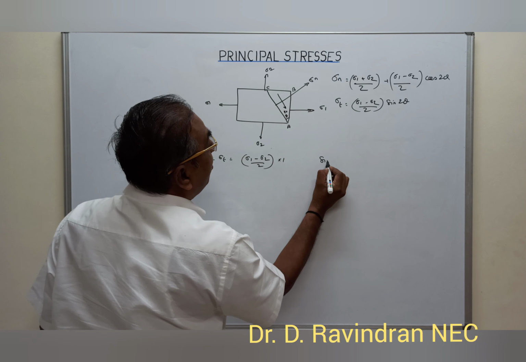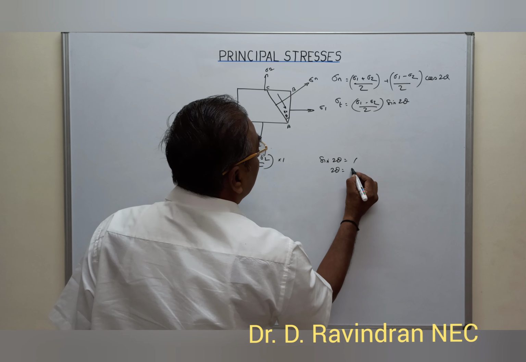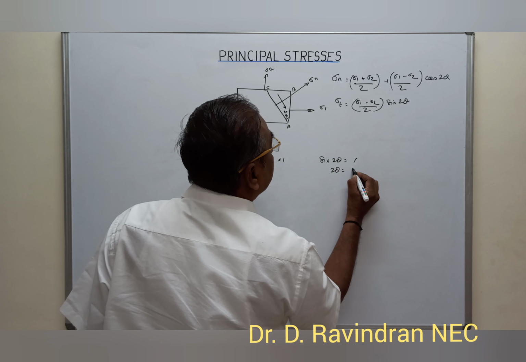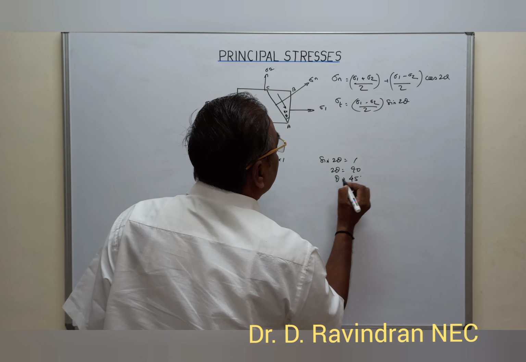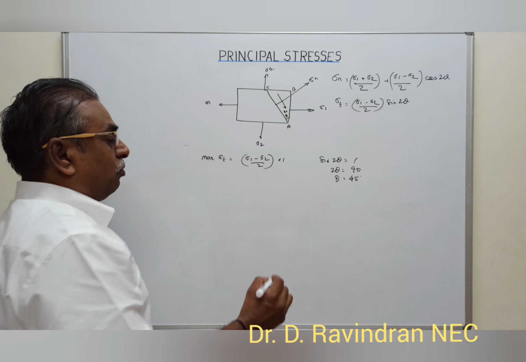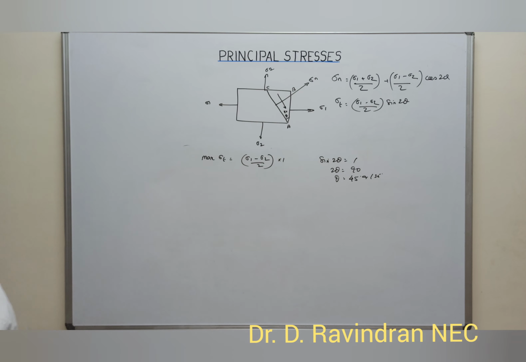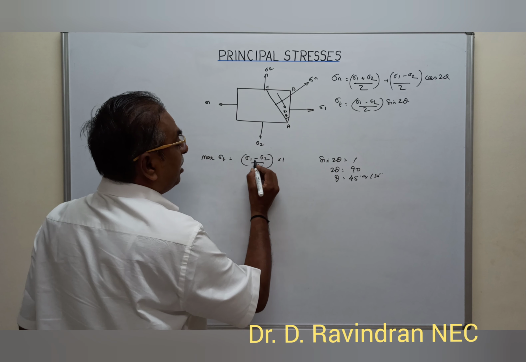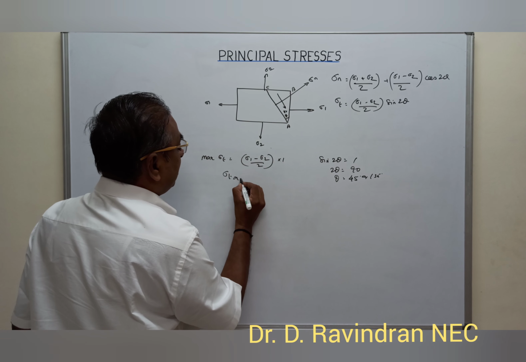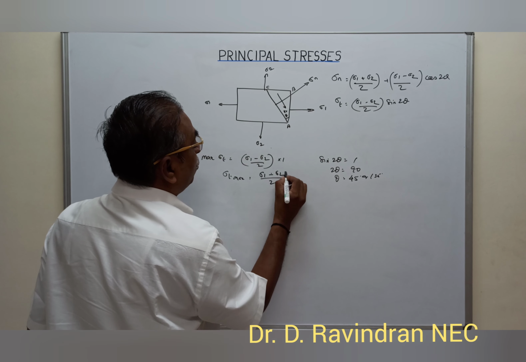That means sin of 2 theta will be equal to 1, and 2 theta will be equal to 90 degrees, or theta will be equal to 45 degrees or 135 degrees. The maximum sigma t will be sigma 1 minus sigma 2 by 2.